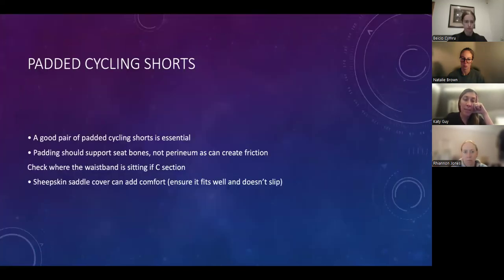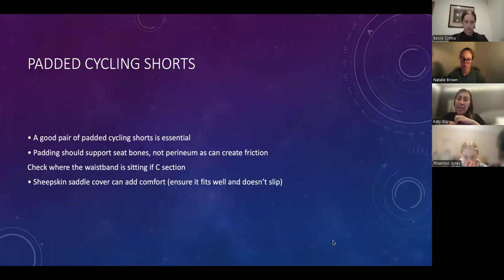Okay. So padded cycling shorts are essential, but they should be padded mainly on the seat bones, so not the perineum, so not where your scar or tear is, as the padding can create friction. So you might need new cycling shorts where the padding is actually just on your seat bones.